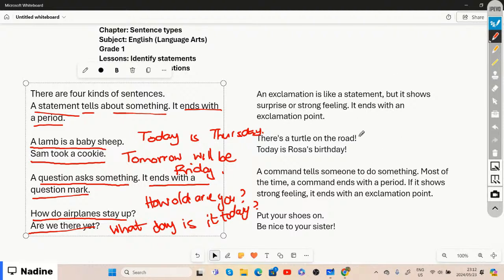And we see that an exclamation is like a statement, but it shows either surprise or it shows strong feelings. And an exclamation ends with an exclamation point. It ends with an exclamation point.